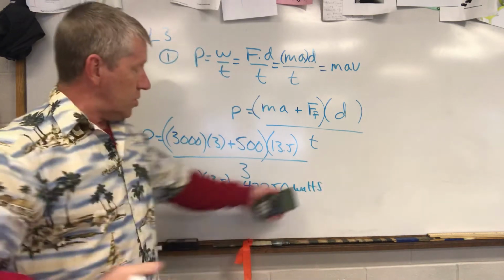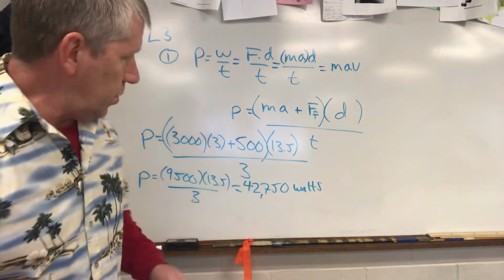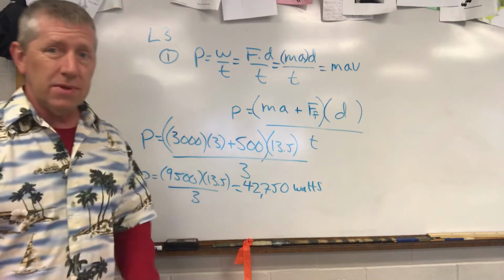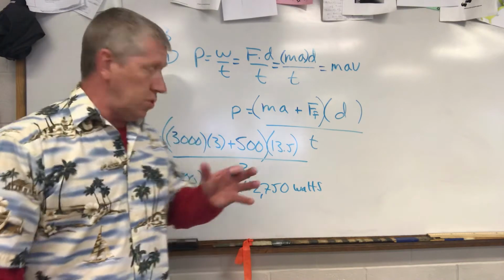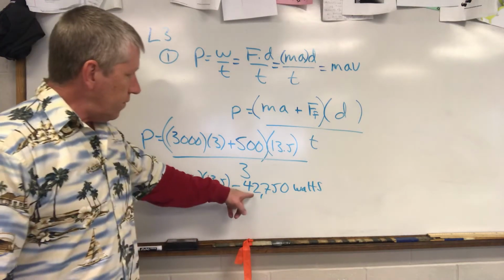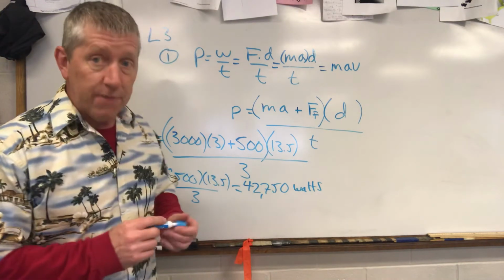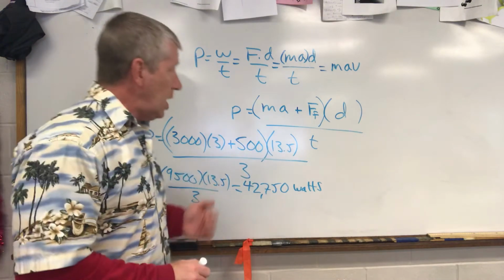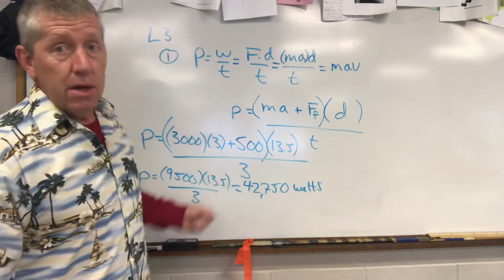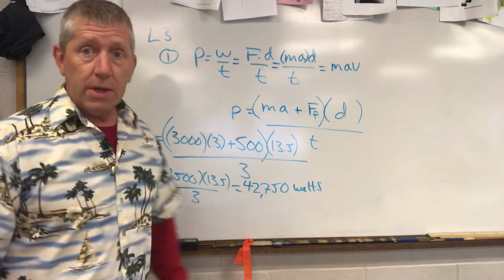This is power, so it's going to be watts. That would come out to be joules per second. I'm not going to do a unit analysis on that. Trust me, it does come out to be joules per second. 42,750 watts of power the engine would have to provide to overcome that friction and to accelerate the vehicle at that rate.